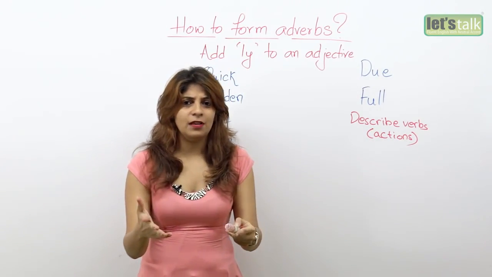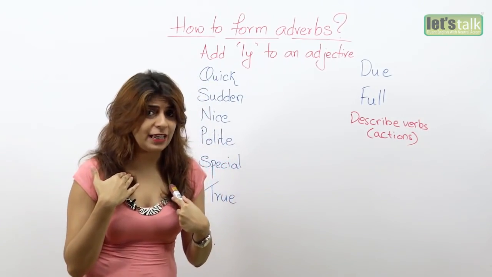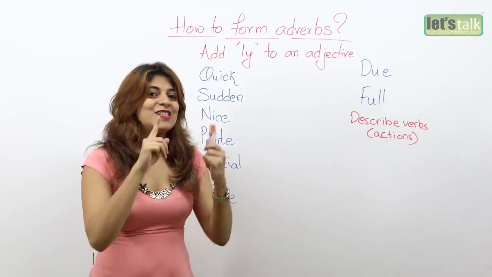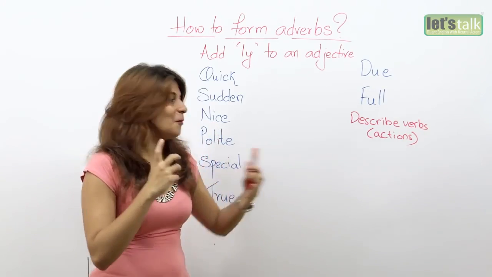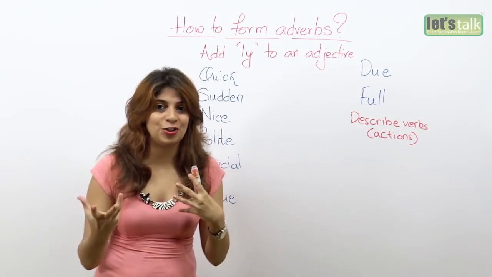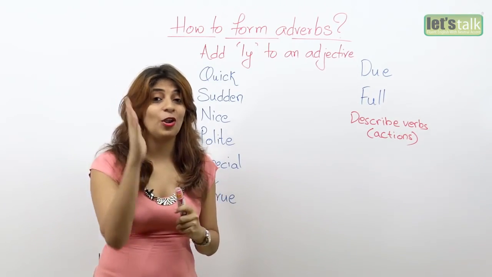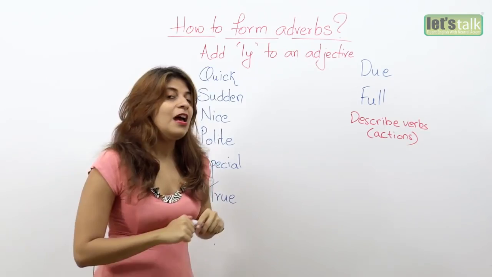For example, I eat slowly. My dog runs quickly. Okay? So slowly, quickly, we are describing the action. So therefore, slowly and quickly are your adverbs.